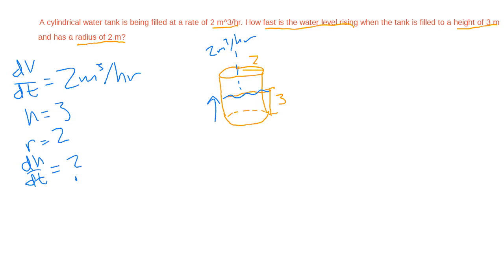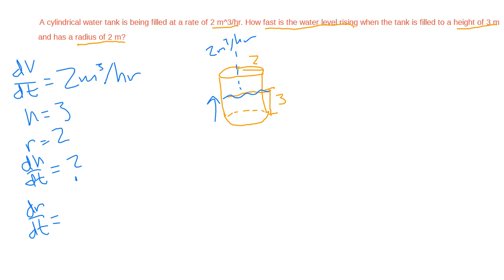Now the last thing we have to pay attention to is our R. So do we have a dr dt? Well, if we think about this, this is a tank. And whenever you fill a tank, everything's going to spread out as much as it can before the water level rises.